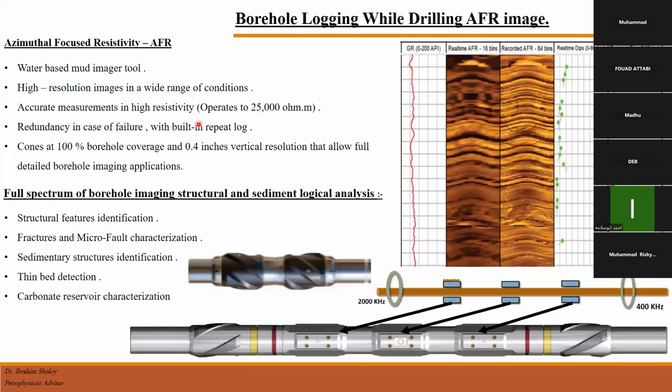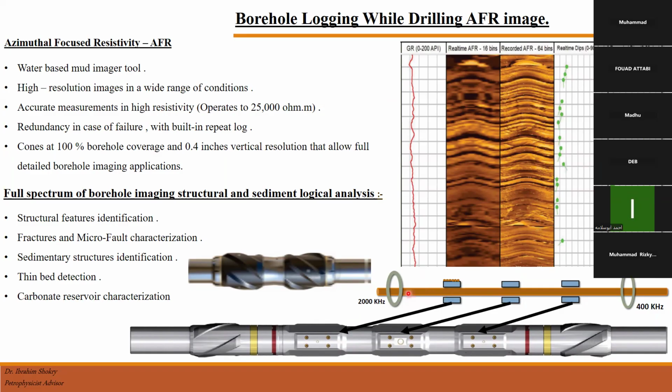So this is the azimuthal focused resistivity tool, which is a resistivity tool running under the category of LWD tools. In this tool, we have two transmitters and three sensor offsets.